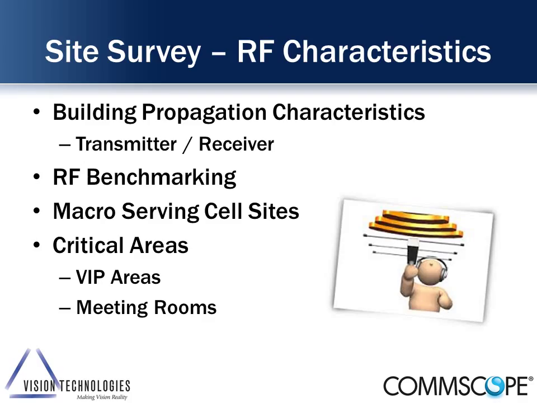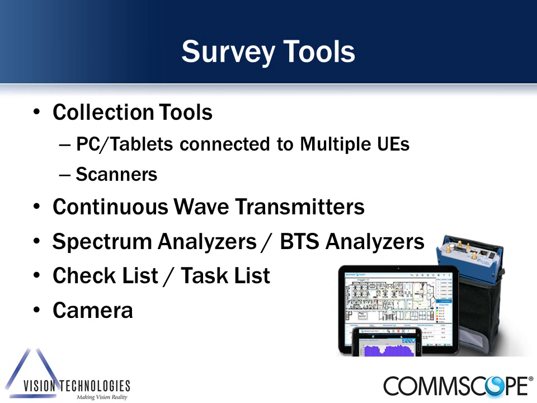And so while it might meet the 95% coverage criteria, if it's not covering that CEO's office, there's a problem with the DAS that has to be corrected. And also you want to have good coverage within meeting rooms. So again, documenting that is very important to understand. So when you finalize your DAS design, you have those critical areas covered.